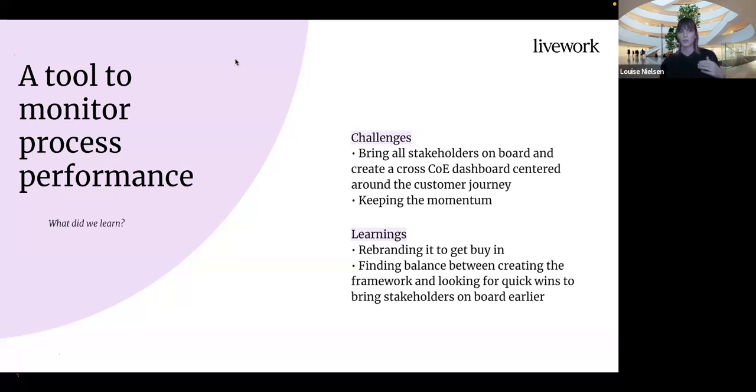But I wonder, when we replicate this method to the next processes, if we could start building some MVP dashboards earlier on. And I'm at least curious to see if that could have made the need to get the buy-in at a later stage unnecessary.